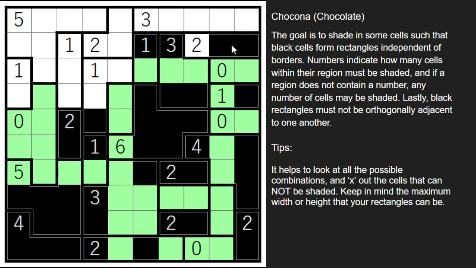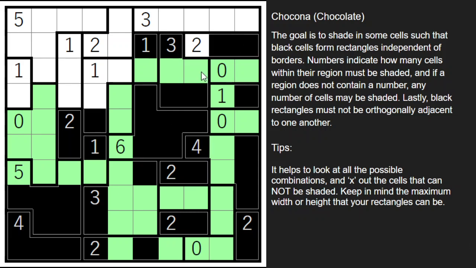If those two are shaded, you're not going to be able to solve this 3, because you can fill it up like that, and then where do you put the third one? You're either going to break the rule where this rectangle bends, or this rectangle is going to bend, but you're just not going to be able to have these two be shaded.